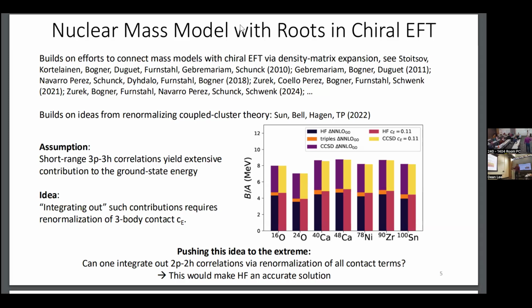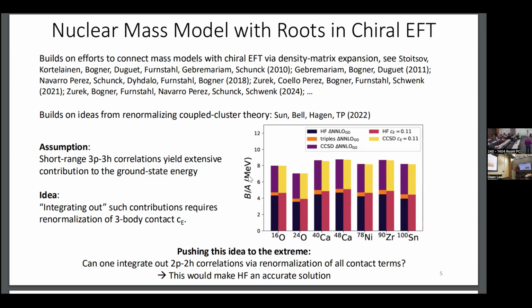This slide on the right-hand side shows you can actually do this. This works. On the left-hand side, for a set of nuclei, you see an energy budget: black is the Hartree-Fock contribution, then the coupled cluster singles and doubles, and this small orange sliver is from 3 particles, 3 holes.